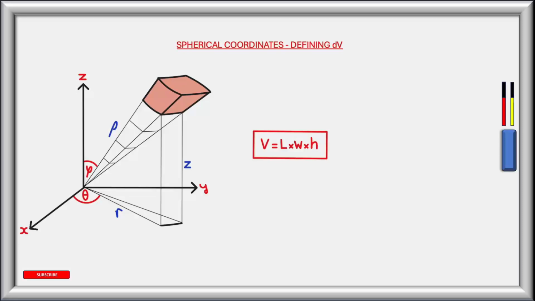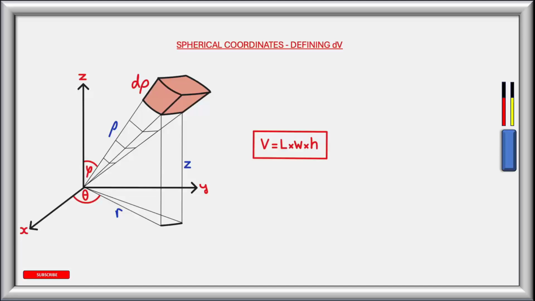We can see that the height dimension, circled here, is along the radial distance rho, and is represented by an infinitesimally small piece of rho, which we call d rho.